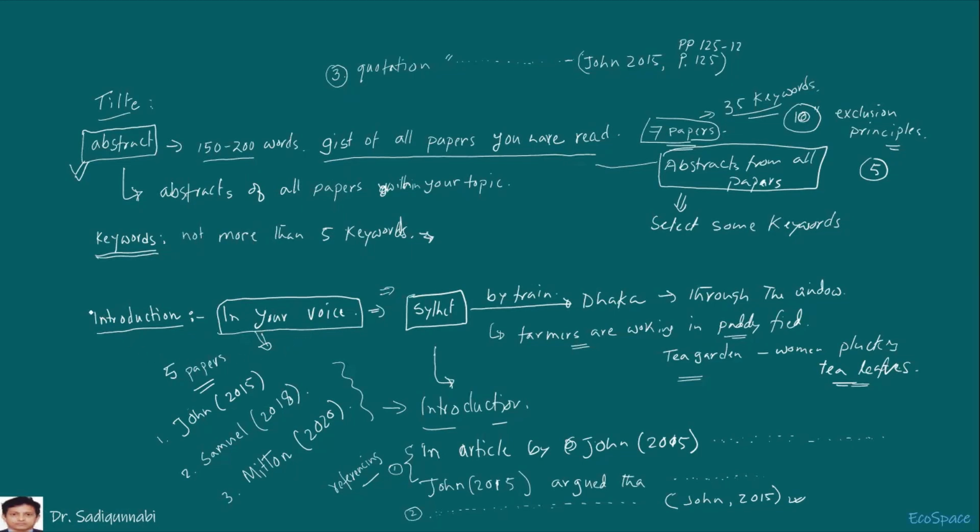Now, after the title, abstract and keywords comes the introduction. The introduction should be in your own voice, and it should be the summary of the introductions of your selected papers.